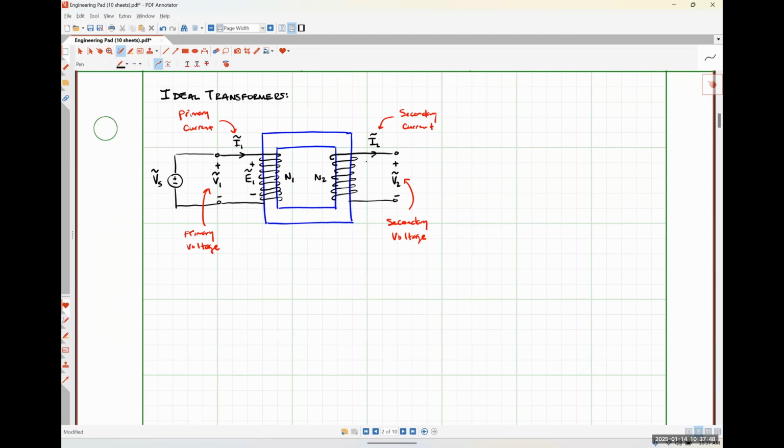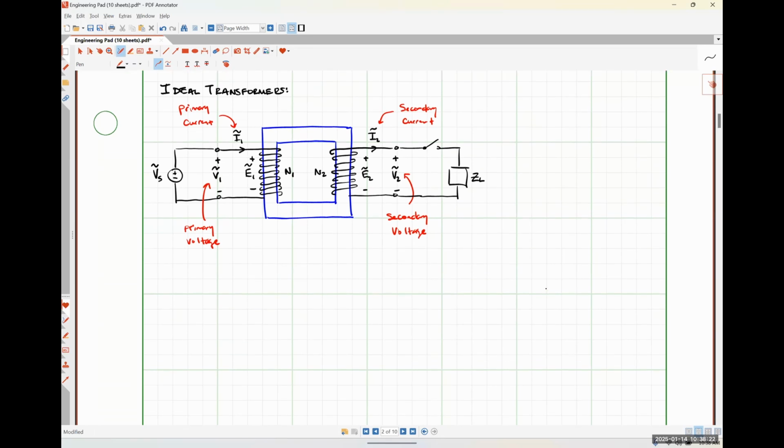And then I will have an induced voltage, E2, across my coil as well. And now I'm going to connect a load network, which is going to contain just a switch connected to some load impedance ZL like so. So this is just a simplified representation of a circuit containing a transformer, okay?